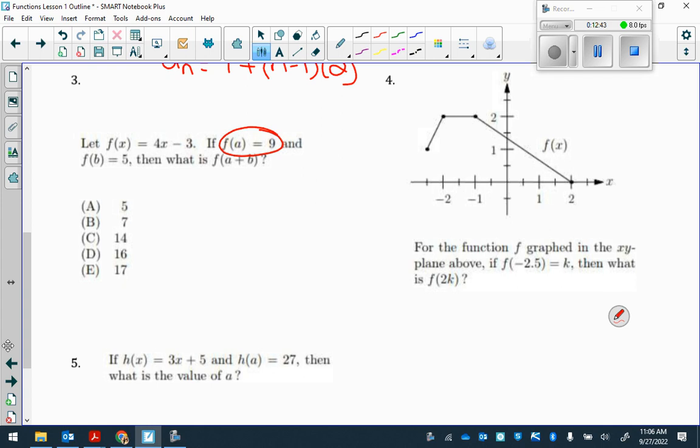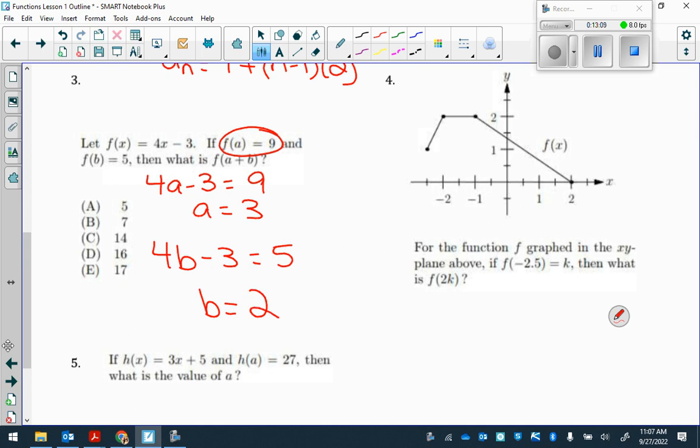So we know f of A equals 9. So 4A minus 3 equals 9. What did A equal? 3. Okay, that's that. Keep that in mind. Now we do B minus 3 equals 5. What did B equal? 2.